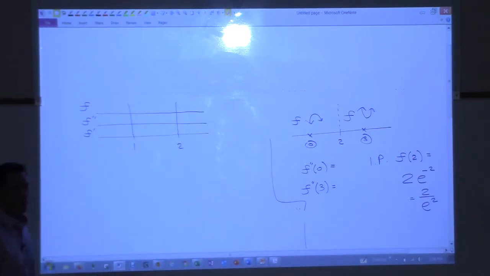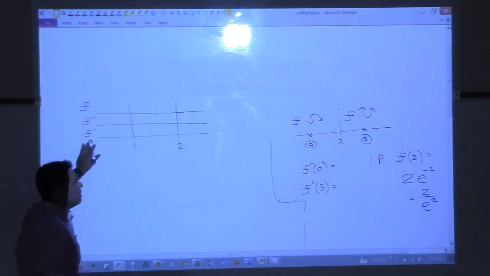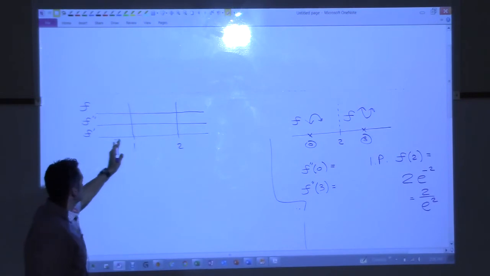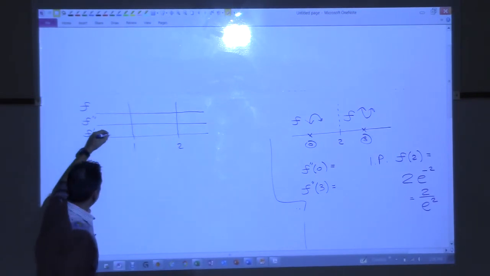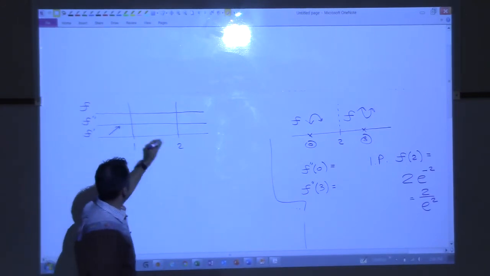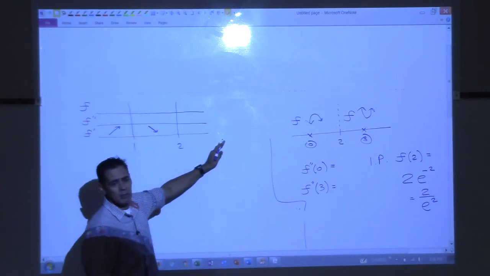F prime. To the left of 1, what were we doing from the first derivative? Increasing. And then between 1 and 2? Decreasing. And between 2 and on? Decreasing.